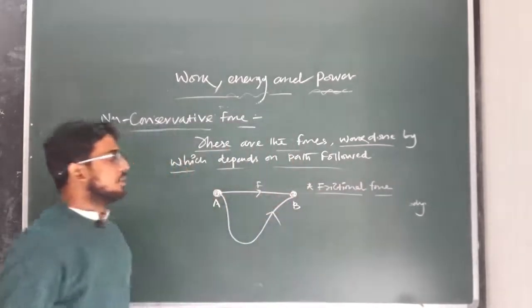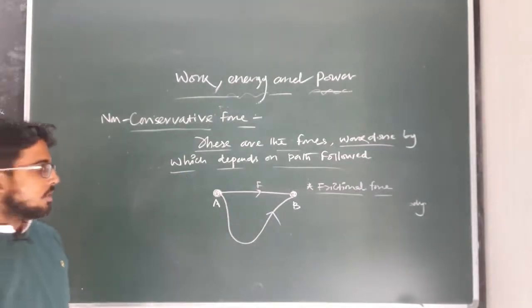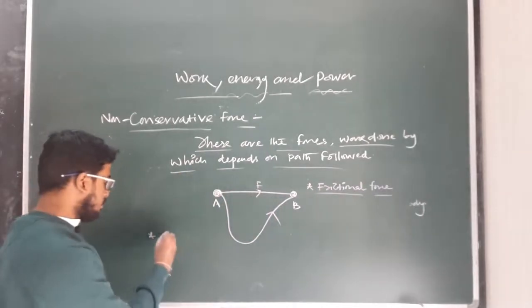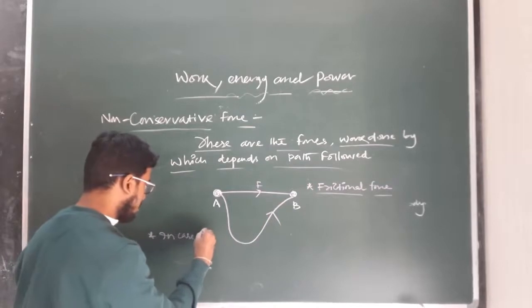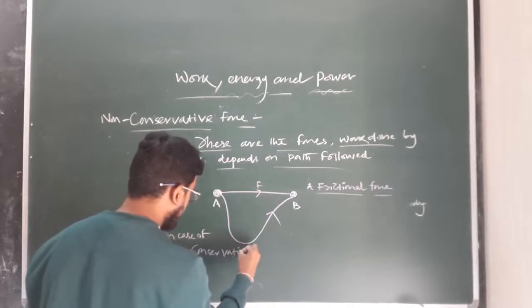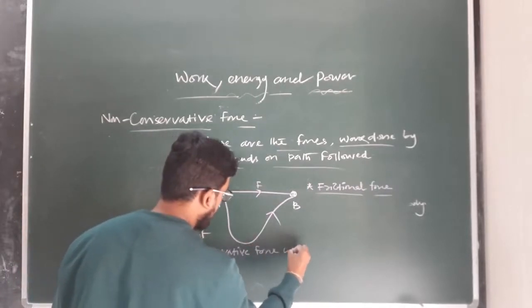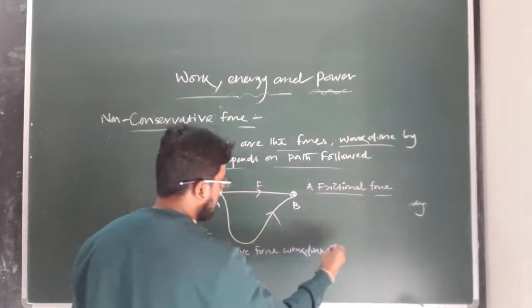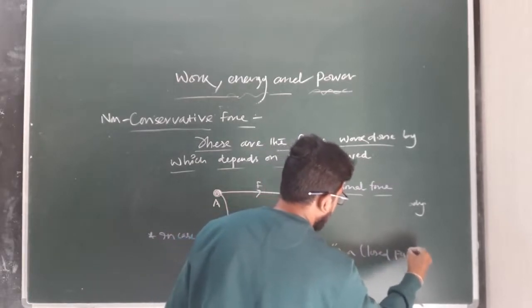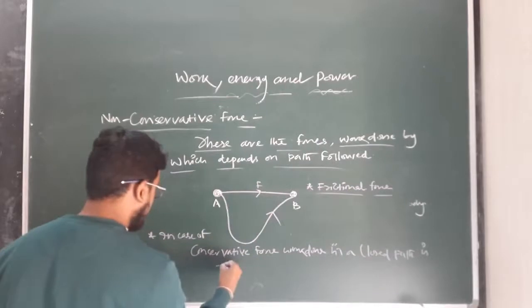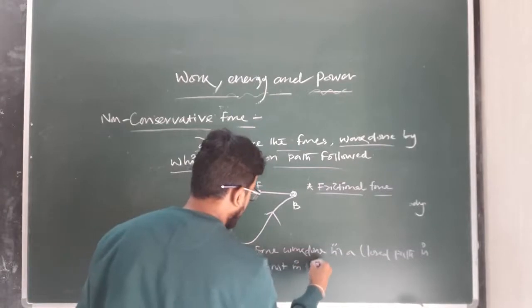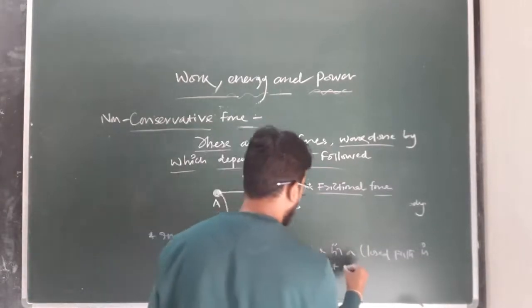Example, frictional force. So frictional force is an example of what? Non-conservative force. Again, you have to remember, in case of conservative force, work done in a closed path is 0, but not in case of non-conservative force.